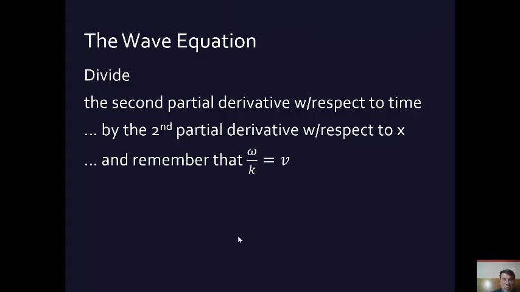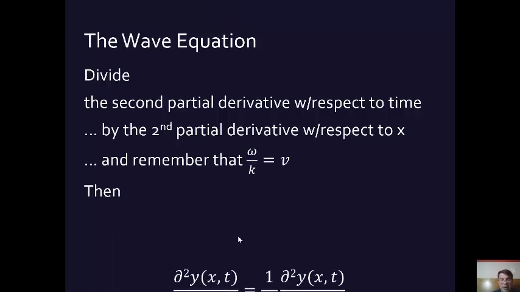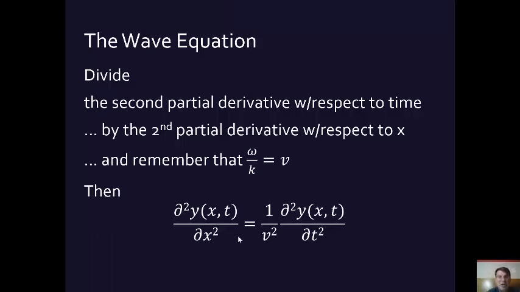If I take all that, whip it around, mix it in a bowl, I end up with this, which is the wave equation. It says that the second derivative of a transverse wave with regard to x is going to equal 1 over the velocity squared times the second derivative of that wave with regard to time. And this is the wave equation.